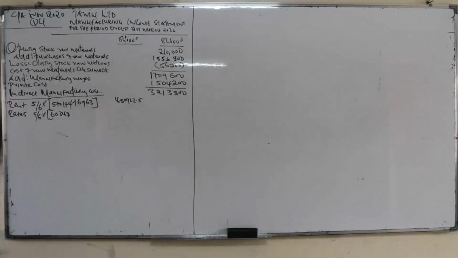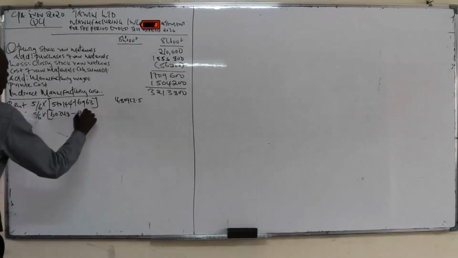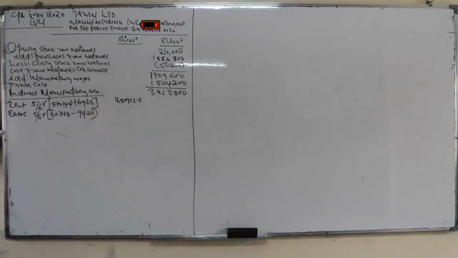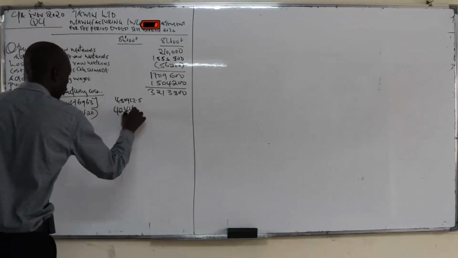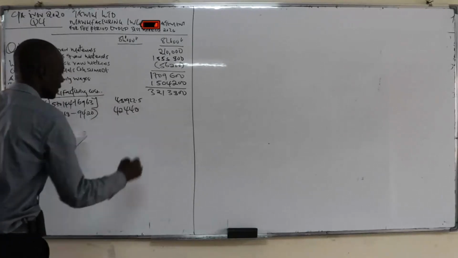And then we have prepaid rates of 94.20. So you subtract that one and then you adjust. How much do you get? 42,440, like that, isn't it?